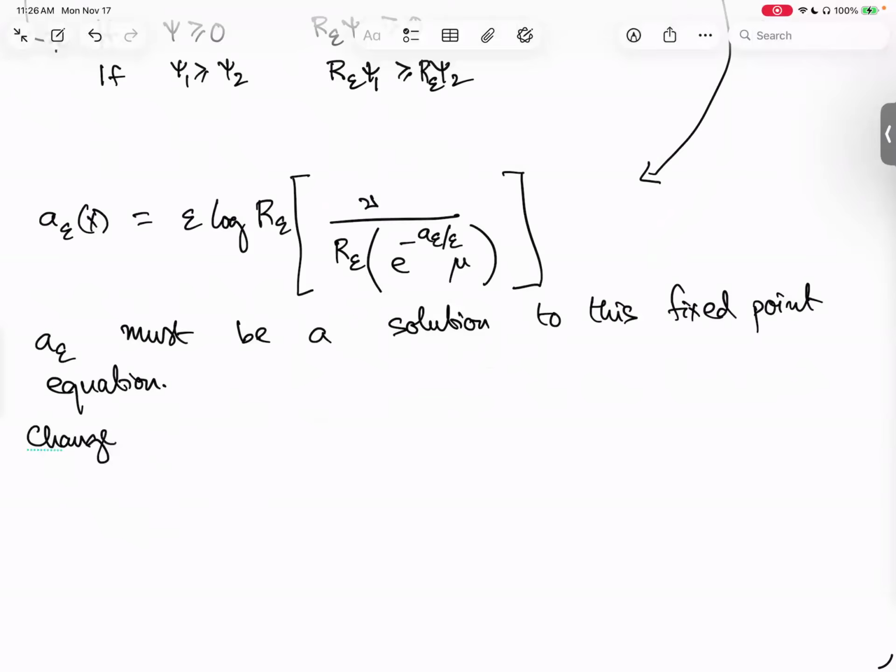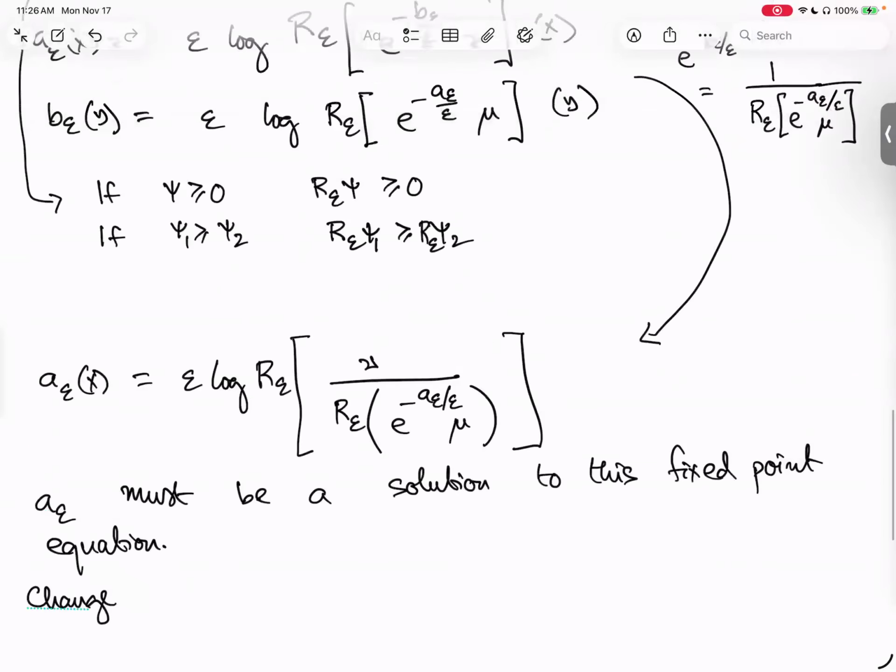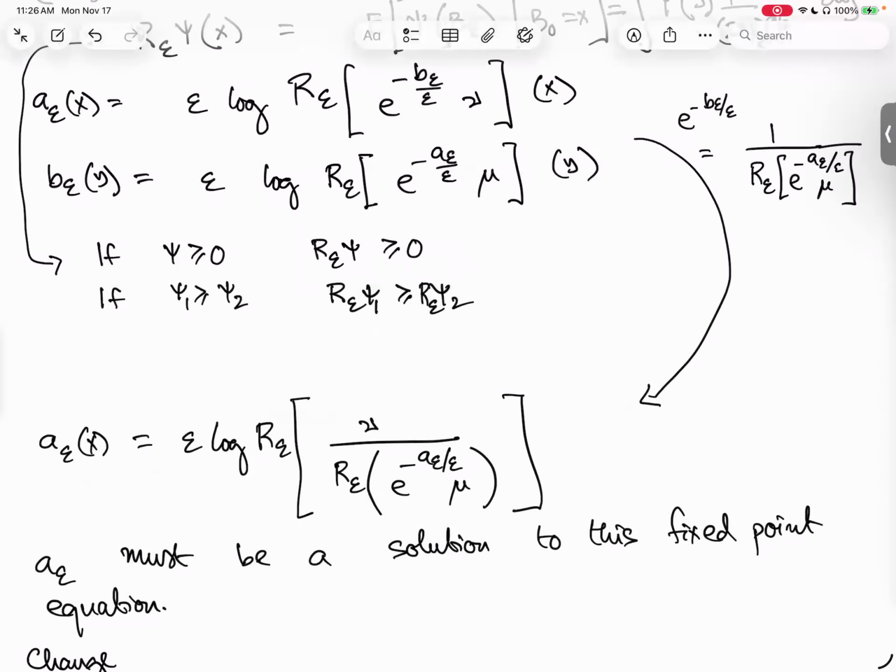We haven't given any smoothness assumptions or well-behaved assumptions on A epsilon of x, do we? Nope, it's just anything. In fact, the way that the proofs of smoothness go is exactly by saying A epsilon has to satisfy this fixed point equation, and therefore it must satisfy certain smoothness.